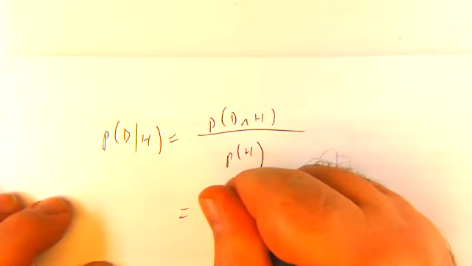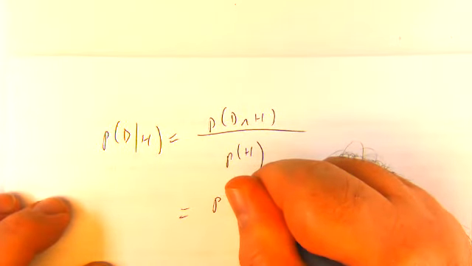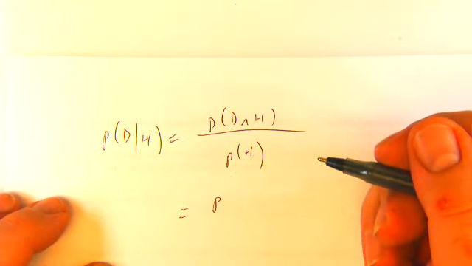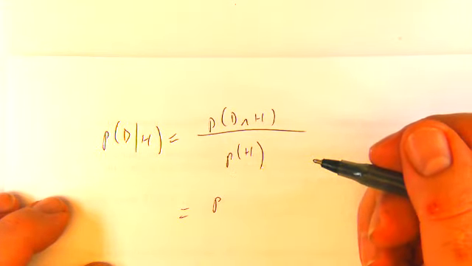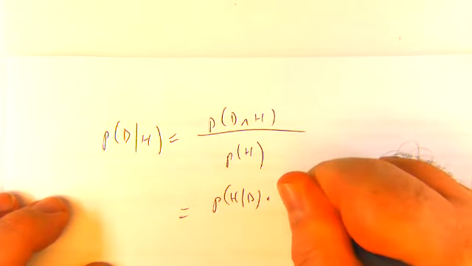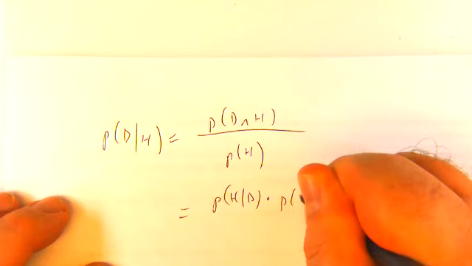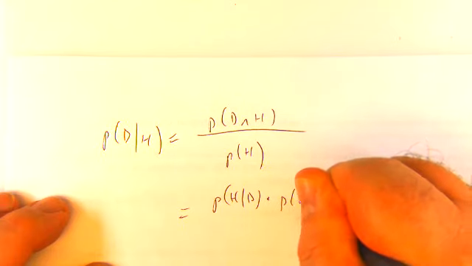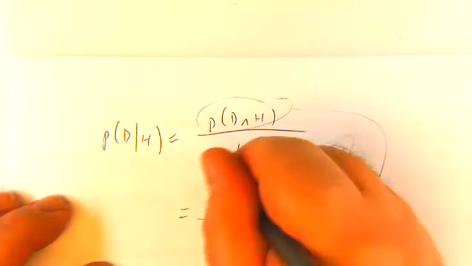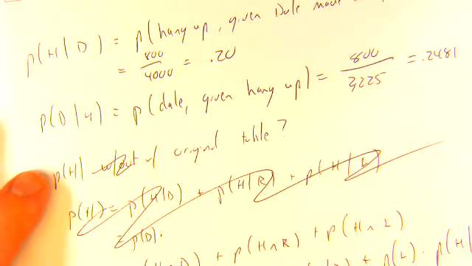But this is the probability that there was a hang up given that Dale made the call times the probability of Dale making the call. That's the definition of conditional probability divided by the probability of H. The probability of H is given here.